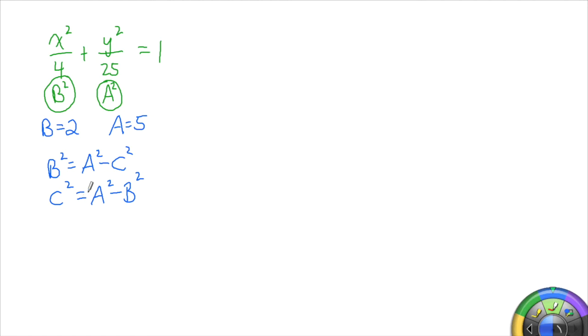So instead of c squared equals a squared plus b squared, for ellipses it becomes c squared equals a squared minus b squared. So then we can plug in our numbers, a squared and b squared, and get c squared is equal to the bigger number minus the smaller number. So c is going to equal the square root of 21, and technically plus or minus it.